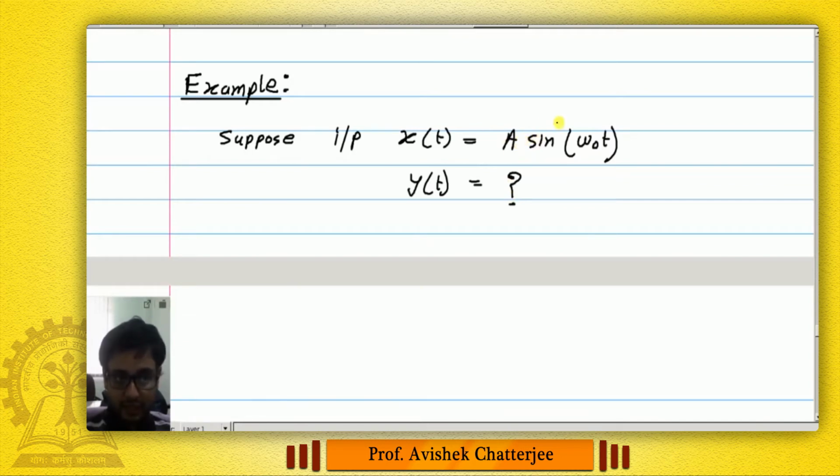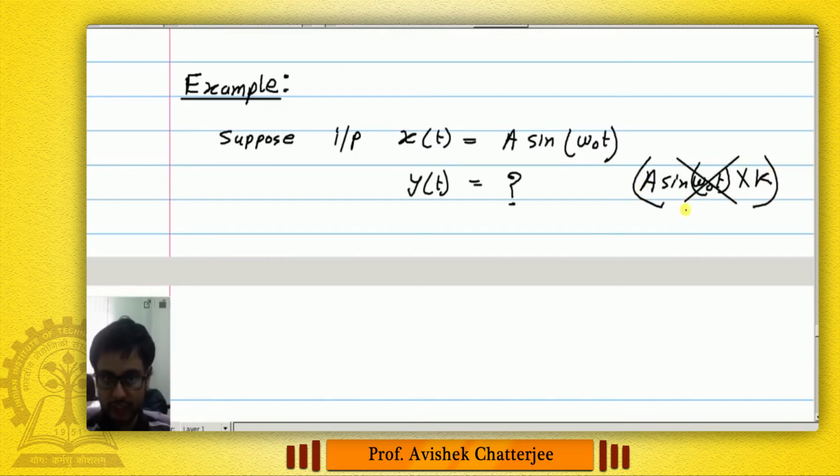Firstly, remember that sine omega naught t is not an eigenfunction of LTI systems. So the output will not be of the form a sine omega naught t multiplied with some constant. It is not going to be of this form.